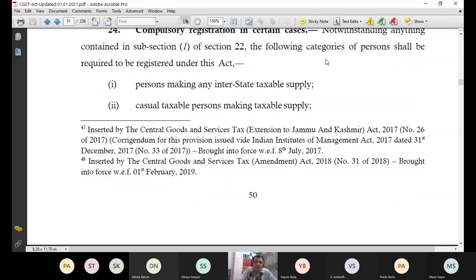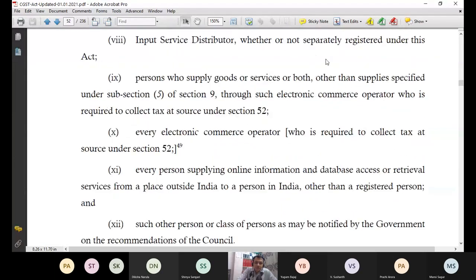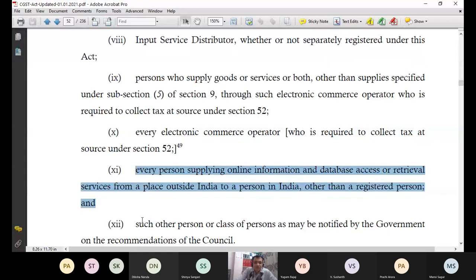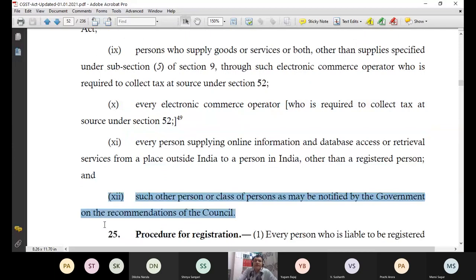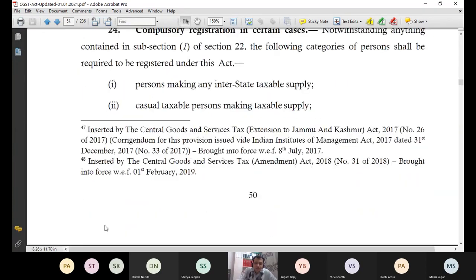There are around 11 categories clearly named, and a 12th category: apart from these 11, the government can anytime notify any other person who is compulsorily liable for registration. So this is the heading of section 24.